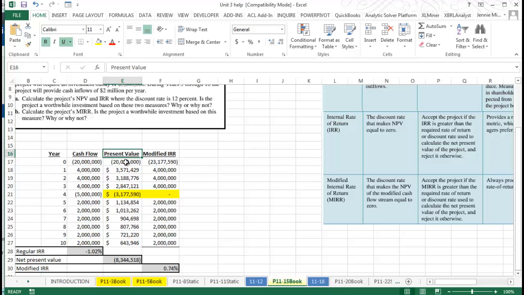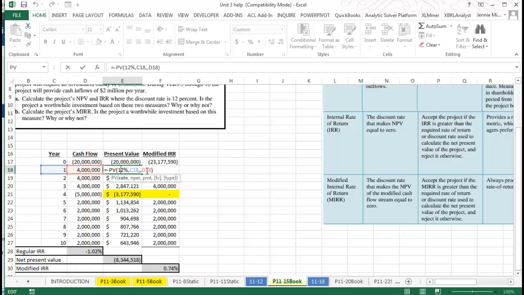So the next step I might take was, let's check out the present value. What I did here is I did the present value one year at a time. I used the 12%, which is the discount rate we needed to use, and then I referenced, you'll see up here in this formula, C18, which was year 1, and there's no payment, that's why you see a second comma there, and then D18 refers to the $4 million in cash flows.